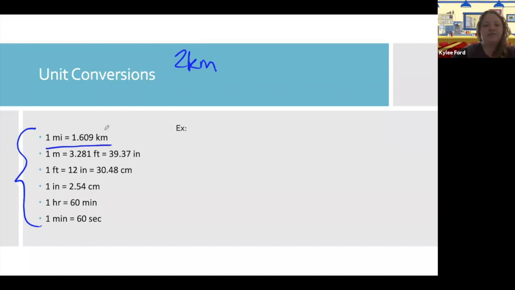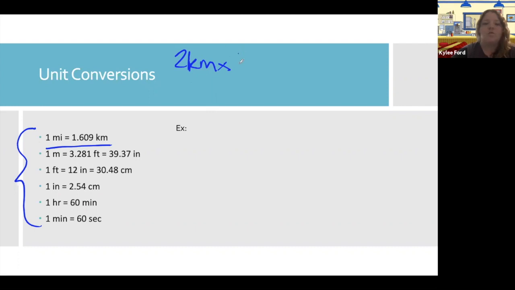We have kilometers to miles. Some people may have heard of this as the train track method. I just use it as straight multiplication. I'll write it down both ways. This is the way that I usually do it. We have 2 kilometers, and we want to convert to miles.